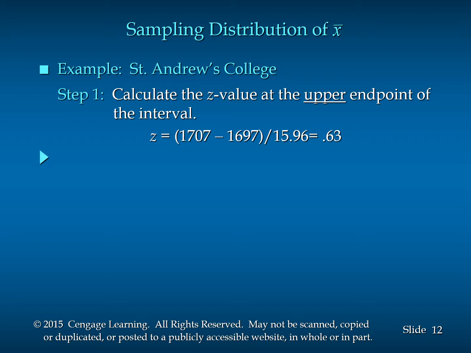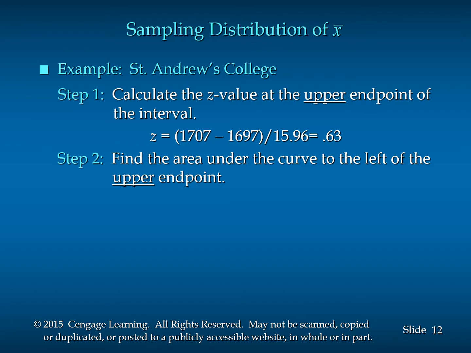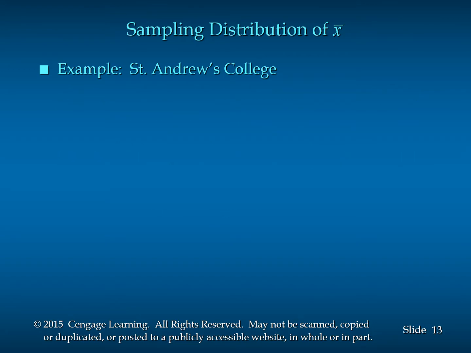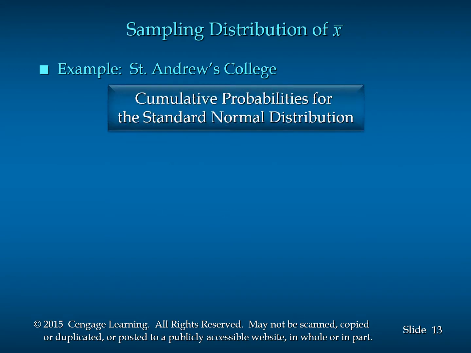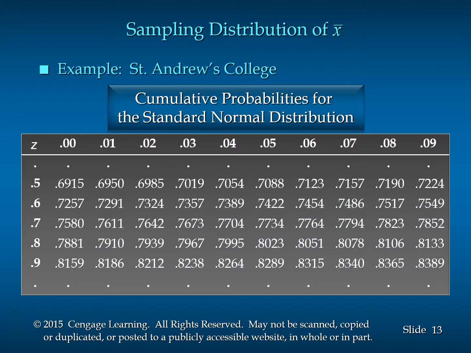So the z value for the upper limit is 0.63. The area under the curve to the left of that from the table is 0.735. You see how we would find that from the z distribution table.